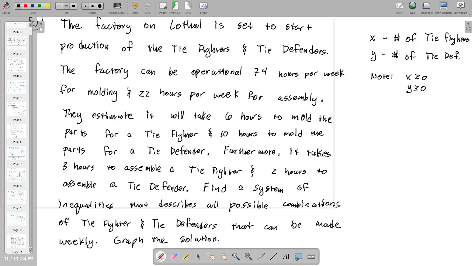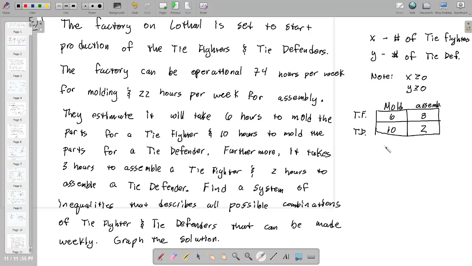Now we know for the TIE Fighter and the TIE Defender how much time it takes to mold and assemble each of these ships. The TIE Fighter, for molding, takes 6 hours and 3 hours of assembly. The TIE Defender takes 10 hours to mold the parts and 2 hours of assembly.